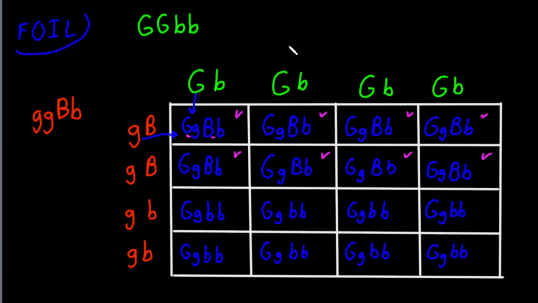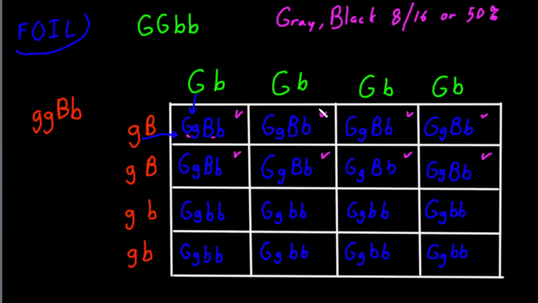Okay, so gray fur and black eyes will be 8 out of 16. Okay, or 1 out of every 2, or 50%.